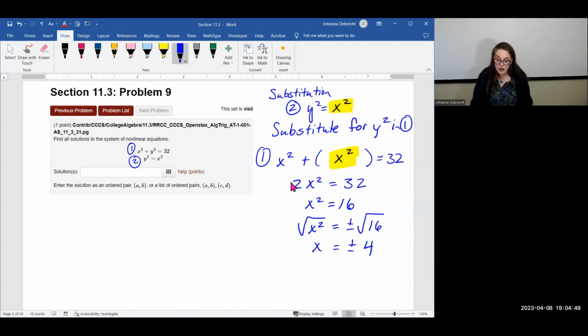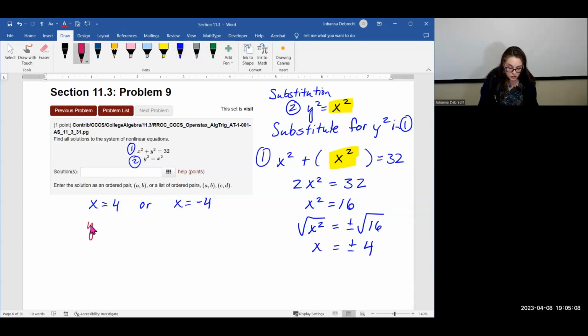Then I can go back up here and I can solve for y. Now at the moment I have y squared equals x squared. So I've got x equal 4 or x equal negative 4. But my substitution was in terms of y squared. So in order to use it, I'm going to have to write y equals plus or minus the square root of x squared.